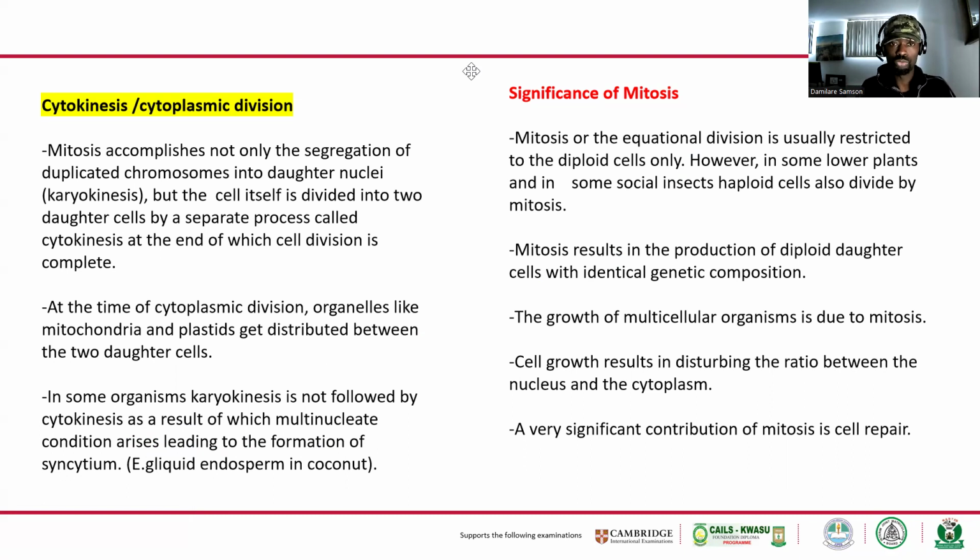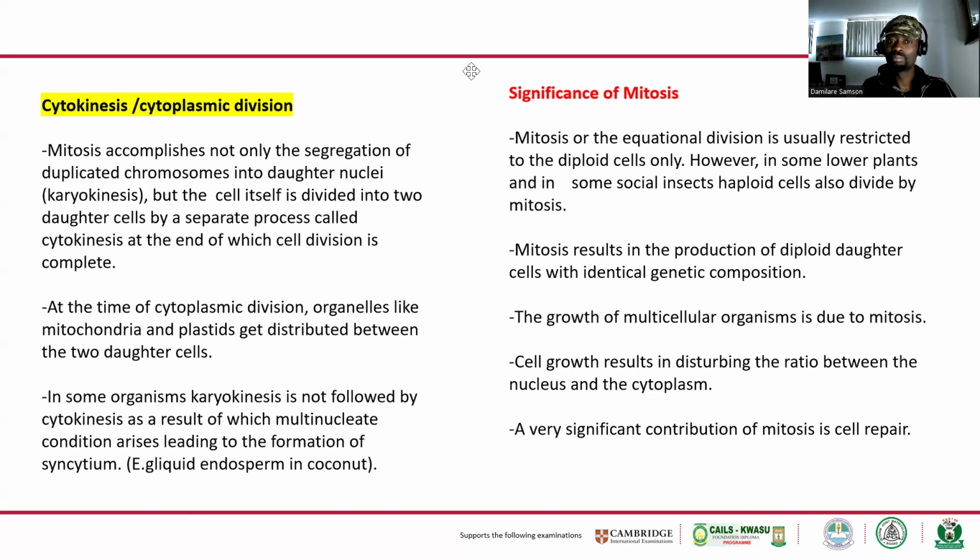And JAMB and JPEB also, they will ask you what is the difference between cytokinesis and karyokinesis, differentiate between them. Anytime you see cyto, it is from the word cytoplasm. Cytokinesis, division of the cytoplasm. Karyokinesis, division of the nucleus. Now, what is the significance of mitosis? Mitosis, or the equational division, is usually restricted to diploid cells only. We mentioned that earlier.